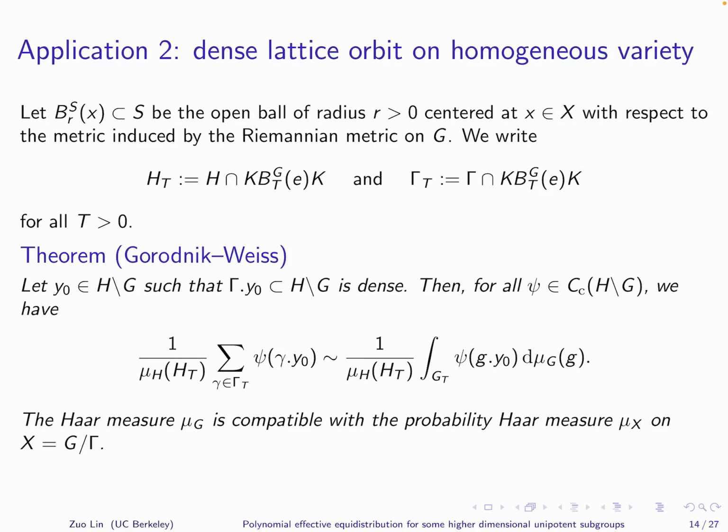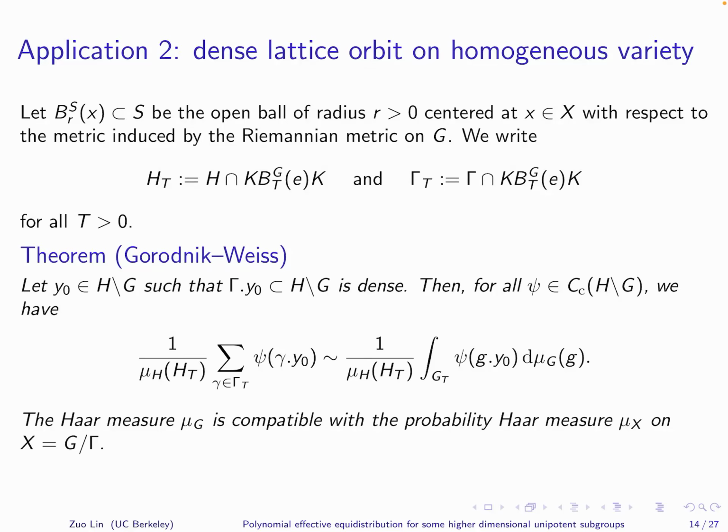So suppose you pick an initial point y0 in G mod H, so that its gamma orbit is dense. Then for every compactly supported continuous function, the average along the lattice orbit is asymptotically the same as the average along the G orbit. So the first sum is over discrete points inside this homogeneous variety, and the second one is a ball, a continuous average on this homogeneous variety.